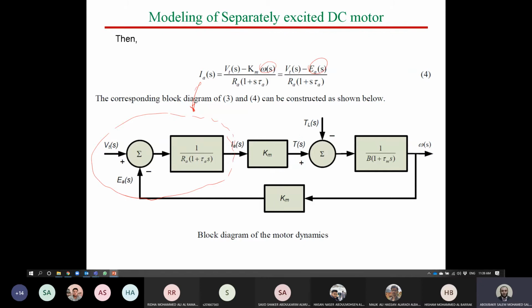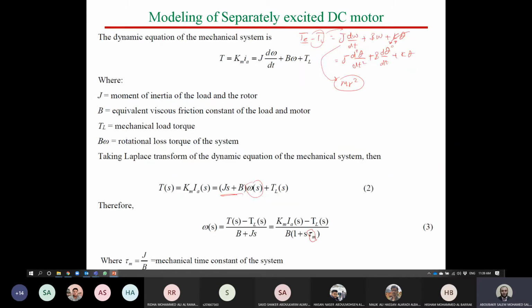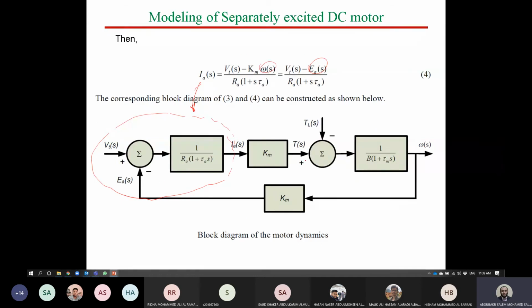Let's see together equation number 3, which is the mechanical. We said for the mechanical, T electric, which is equal to Km multiplied by I, minus TL, divided by some parameters, equals omega. So here we have T electric, which is I multiplied by Km. So this is now T electric. Minus TL. This will give you this quantity, which when we multiply by 1 over B multiplied by 1 plus tau mechanical S, will give you the equation of the speed.